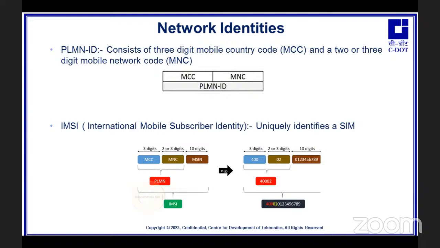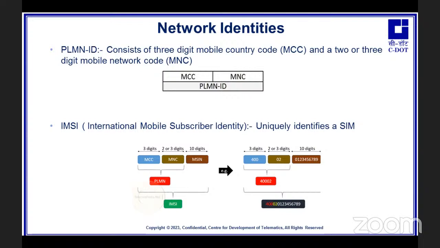For India, two codes are allotted: one is 404 and one is 405. MNC means Mobile Network Code. For example, Airtel has its own MNC, BSNL has its own MNC, and for Chandigarh the MNC is, I think, 053.